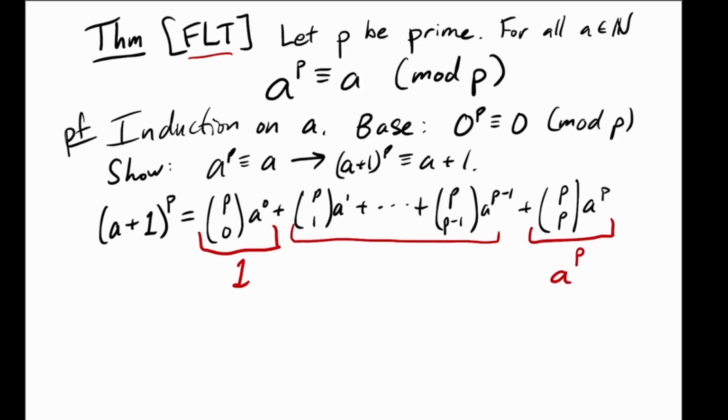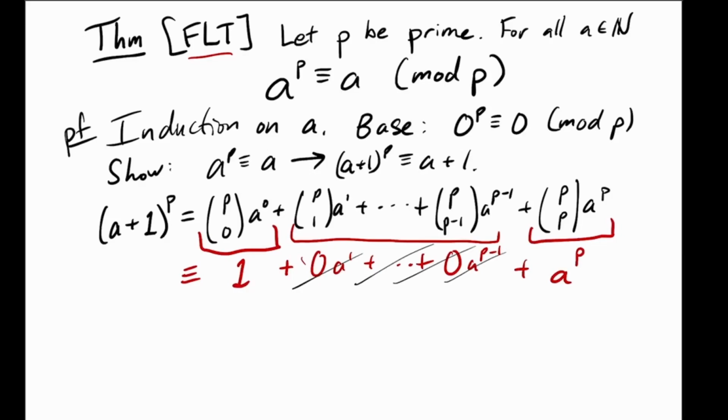But nothing in the denominator is going to cancel the p in the p factorial. So all of these coefficients are going to be multiples of p, and if it's a multiple of p, that means it's congruent to 0 mod p. So these are all going to be congruent to 0 times a to the 1, etc., 0 times a to the p minus 1. And so all of these terms will cancel.